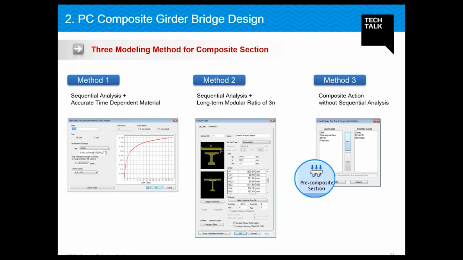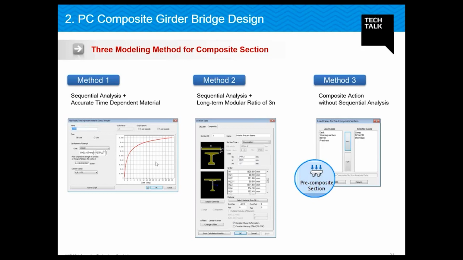MIDAS Civil provides various ways of considering the time-dependent effect. The most accurate way is performing the time-dependent construction stage analysis with the creep and shrinkage and elastic modulus effect, with the function specified by the code or specified by the engineer.